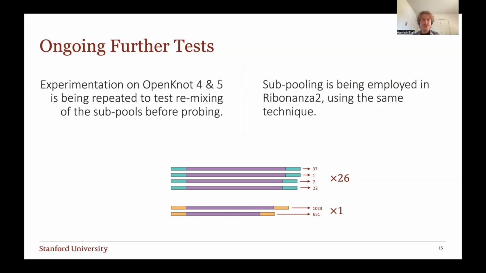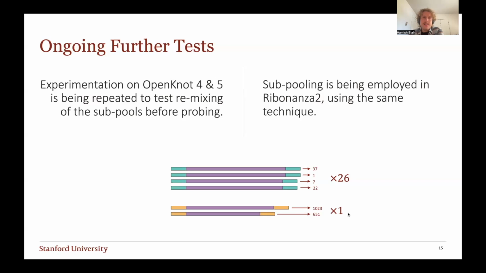This was shown to work, but the issue is this increases the number of experiments we have to do by 3-fold, which is not great. And so what's being tested now is we split up these sequences into subpools, but then we mix them back together again in ratios that depend on the mean reads in each of the libraries. So in this small example here, we would mix the sequences in the ratio 26:1.